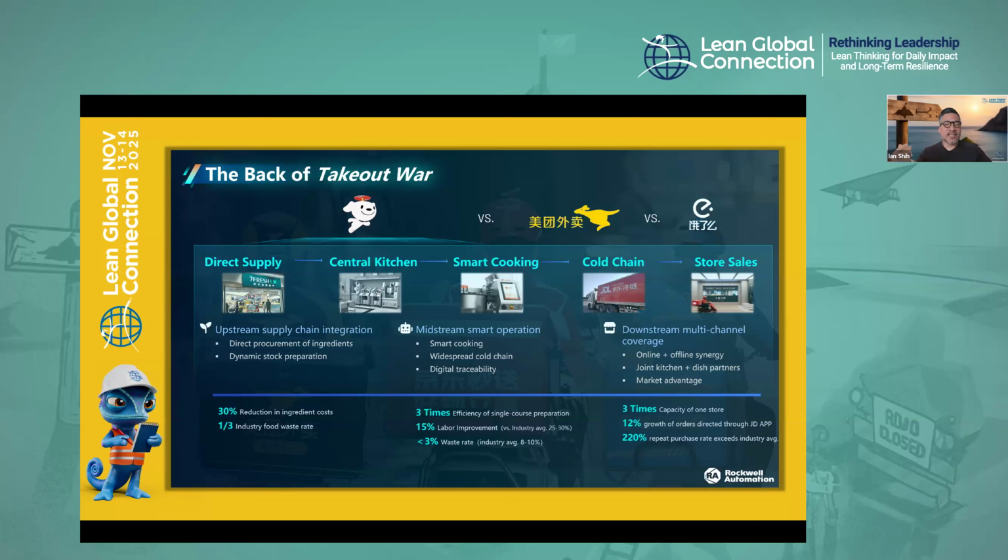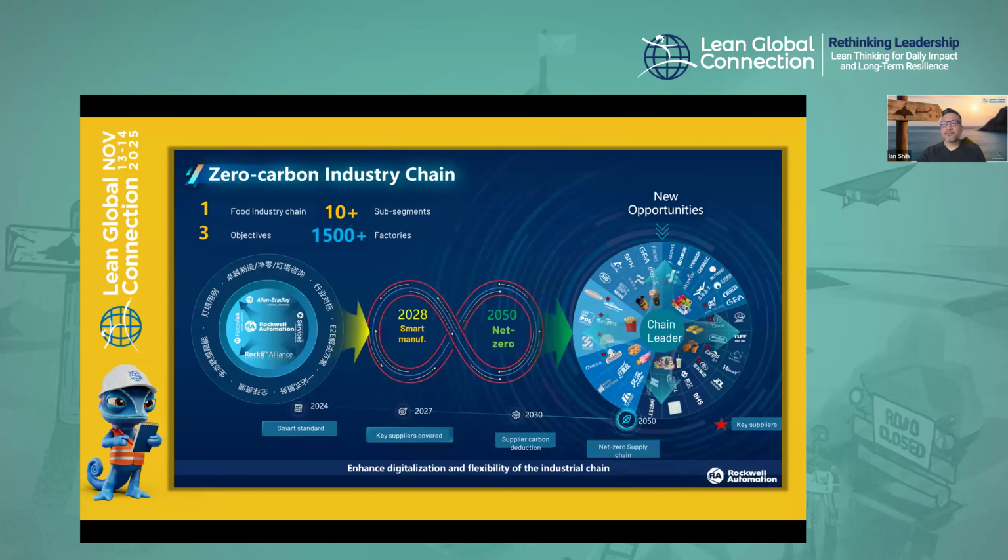So this chain can be connected to solve a lot of the concerns in this area. When we talk about lean and continuous improvement, this is a good example of the industry chain, upstream and downstream, including the value chain, by injecting digital capability and automation. Here's another interesting example.